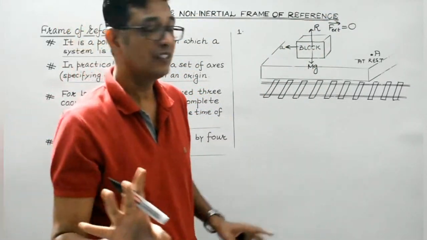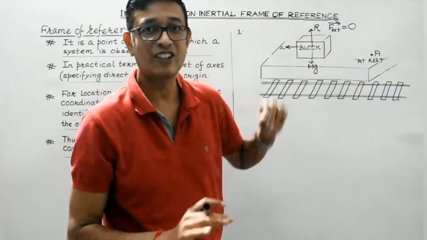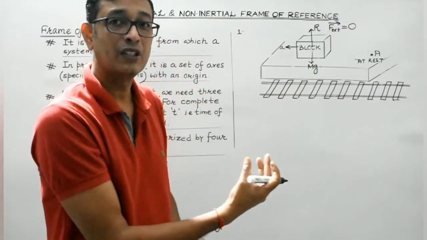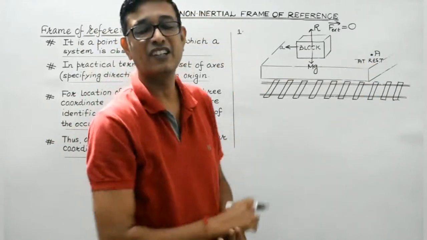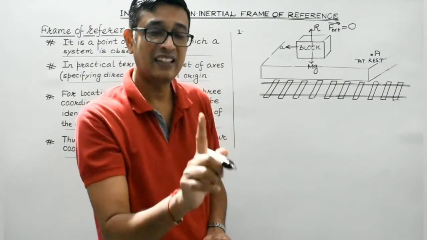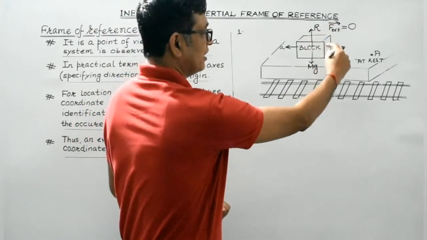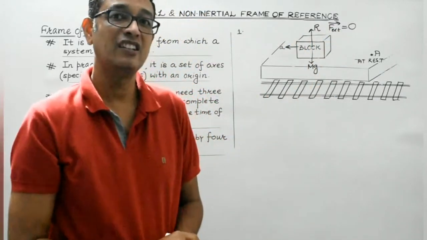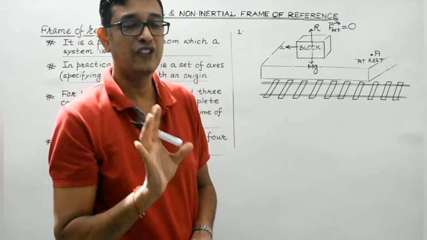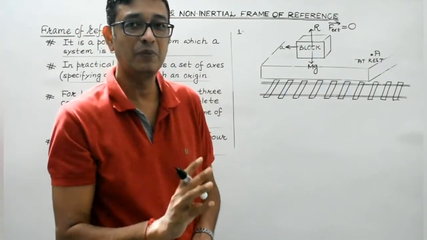But the fact remains, no net real force acts on the block. Still, to observer C, the block appears to be accelerating in the opposite direction. So from his point of view, he will say that the block is accelerating with constant acceleration A in the opposite direction. So these are the three observations made by observer A, observer B and observer C.